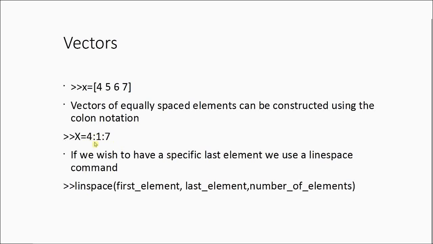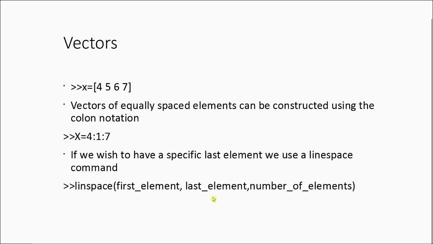Please remember the increment value: for example, 4 plus 1 is the next element, 5 plus 1 is the next element. The increment value must be placed in the middle, followed by the colon and then the end element. So 4 plus 1, 4 plus 2, likewise the elements will be created up to 7. This will produce the same result as shown earlier: 4, 5, 6, 7.